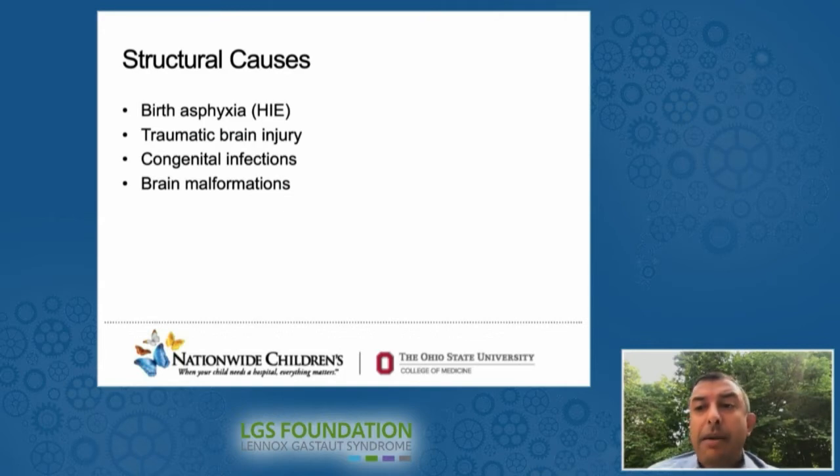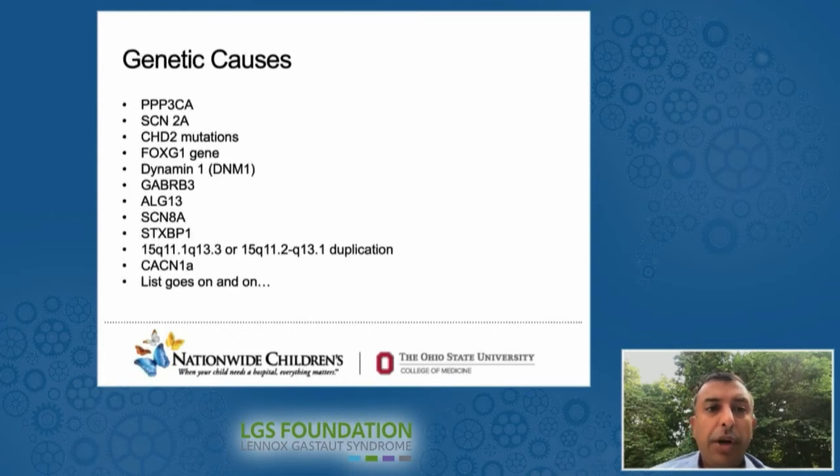And then brain malformations are also a structural cause. So being born with a different structure to your brain or areas of structure to your brain. It is very important we understand these etiologies because they have treatment-specific opportunities, perhaps even for resective surgery. But we'll talk about that in Dr. Wheelis's presentation on treatments.